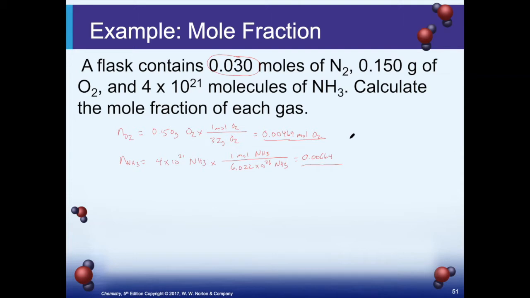0.00664 moles, okay? And then the total number of moles is just going to be 0.030 plus 0.00469 plus 0.00664. You just add all those together to get the total number of moles.